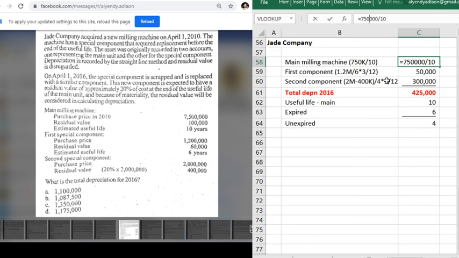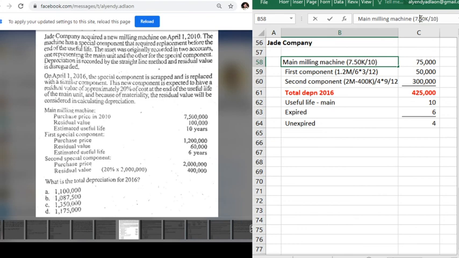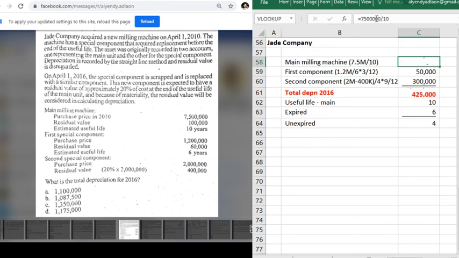For the main milling machine, it is not 750,000 but 7.5 million. And then 7.5 million divided by 10, that is 750,000, plus 50,000 plus 300,000, so we get 1,100,000. Okay, so that is for Jade Company.